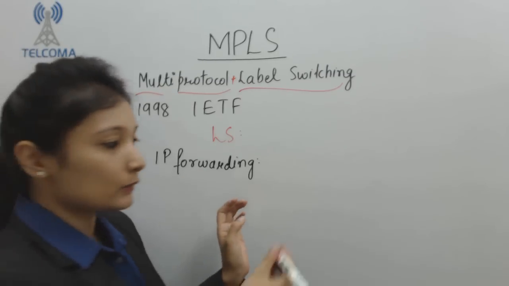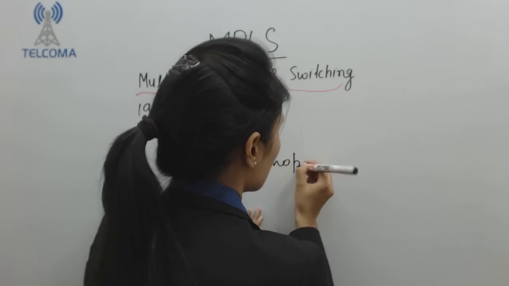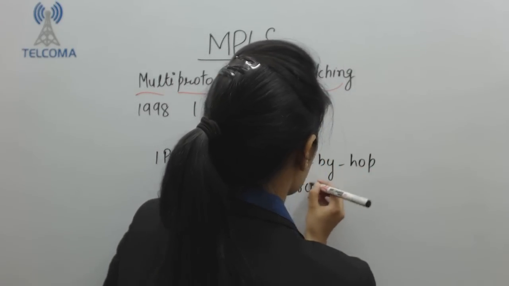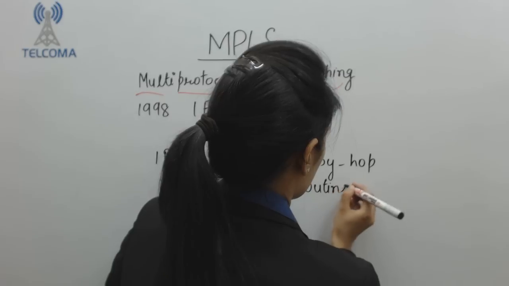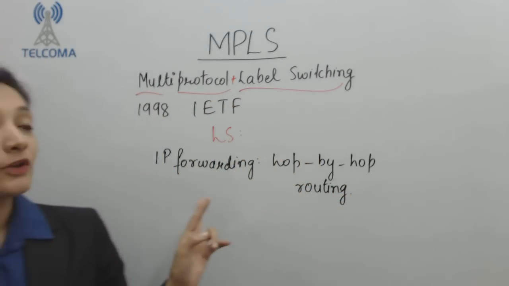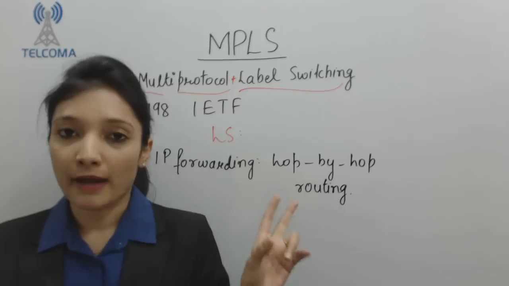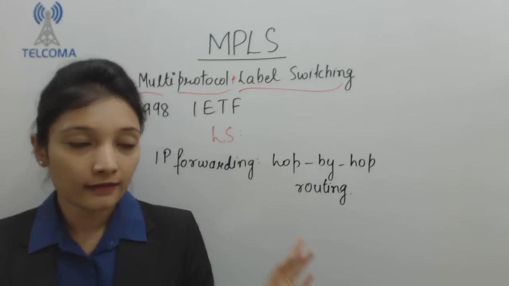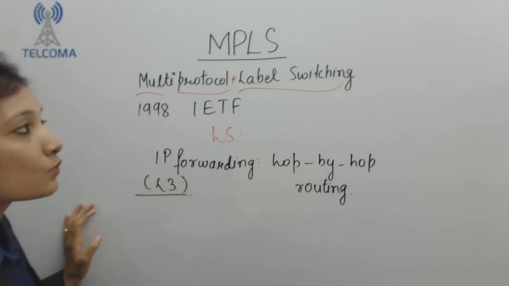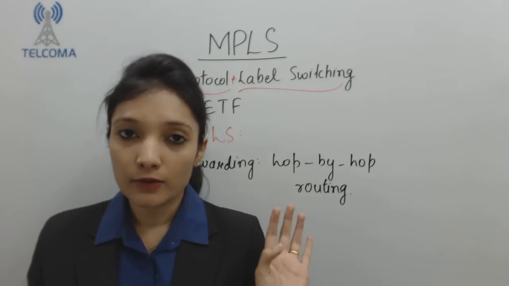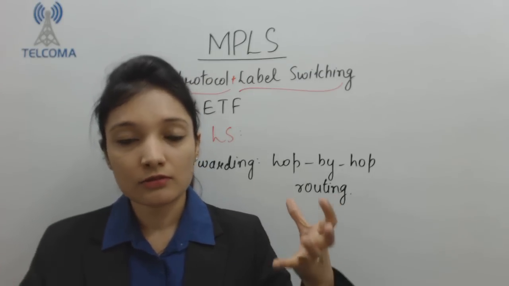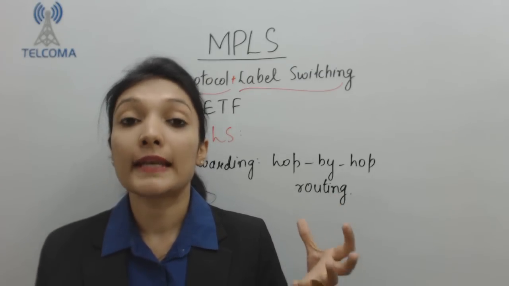So that basically includes hop by hop routing. But in MPLS, the switching of packets will occur at the data link layer. Now this occurs at L3, which is the network layer, and in MPLS that will occur at the data link layer, and the switching of packets is based on labels.